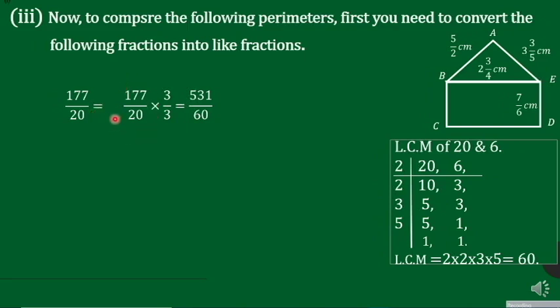Either you do division or multiplication, the value which you obtain is always equivalent to the actual value. So here multiply 3 in both, and you get 531 upon 60.